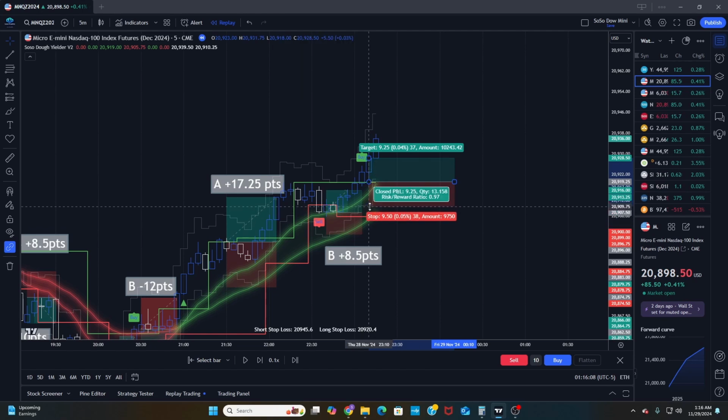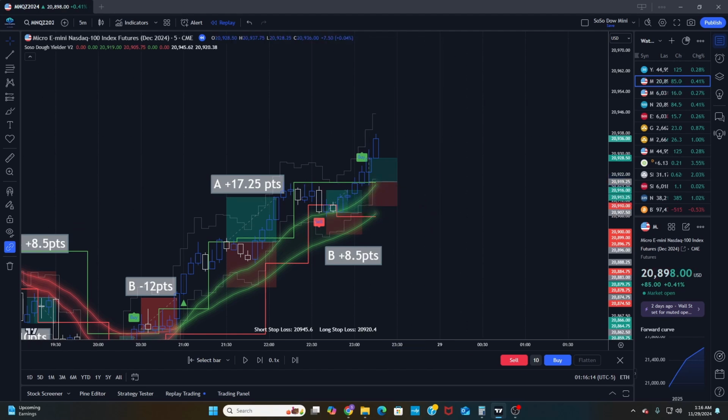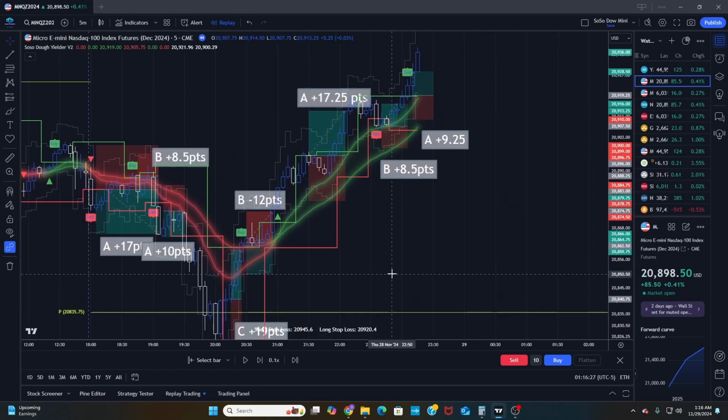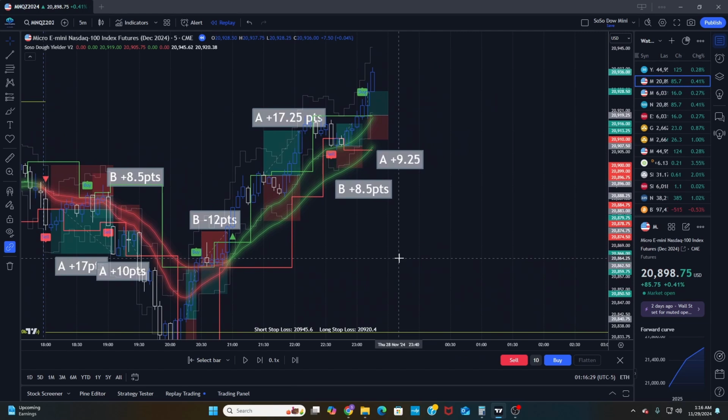It's actually that line, so it's 9.25 points. Right there. Standard A trade. Remember, a point's $20 on NQ, so we've racked up quite a nice little purse here.